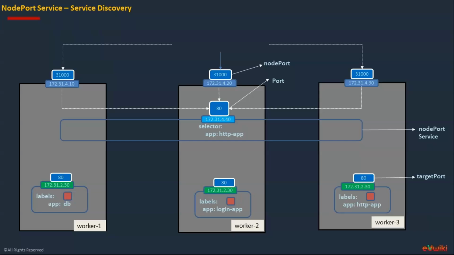No matter which server the external user request is coming to, the traffic will definitely be routed to the service port. Agree with me? Let's say tomorrow you want to access a website. If you send a request to worker node 1 or worker node 2 or worker node 3, the request will come to your service port only.